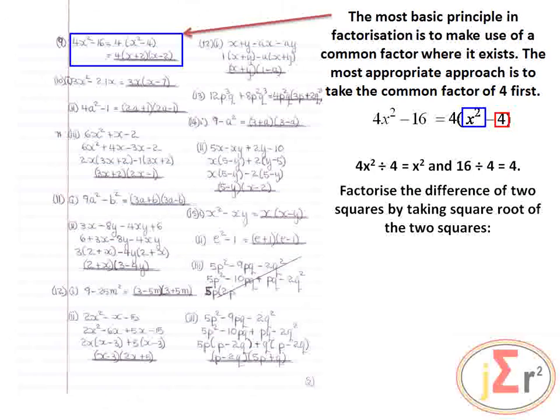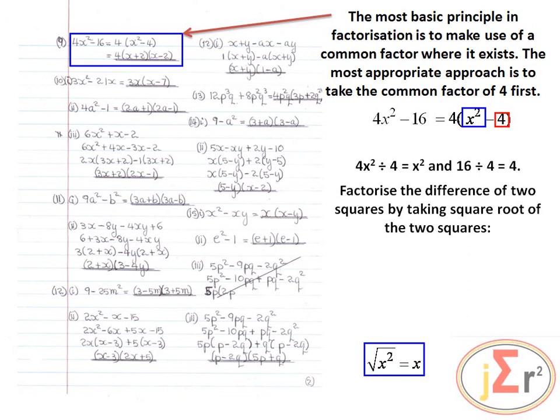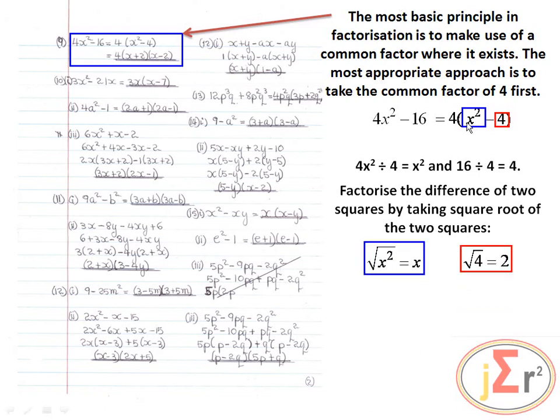Factorize the difference of two squares by taking square roots of the two squares. Square root of x squared, x. Square root of 4, 2. And we have a positive and a negative sign.